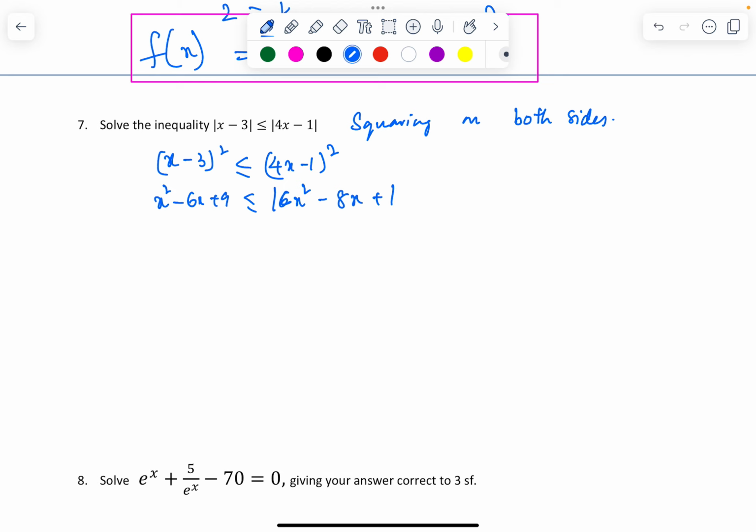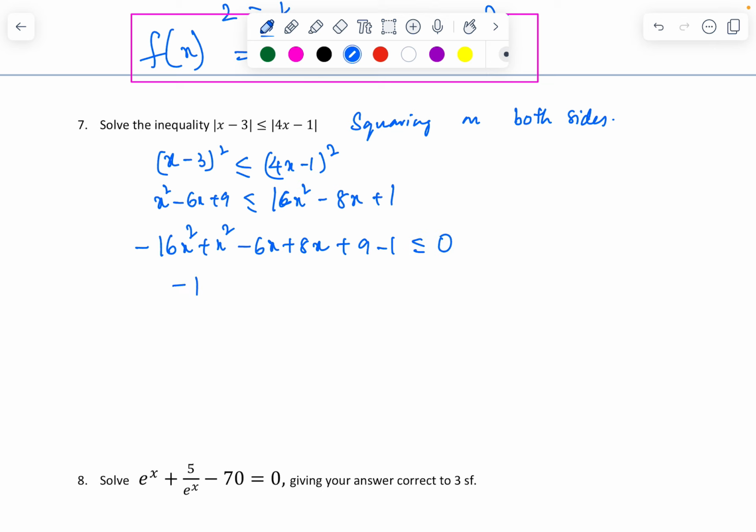So I'm going to bring everything to one side. So this gives me negative 6x plus 8x plus 9 minus 1 less than or equal to 0.